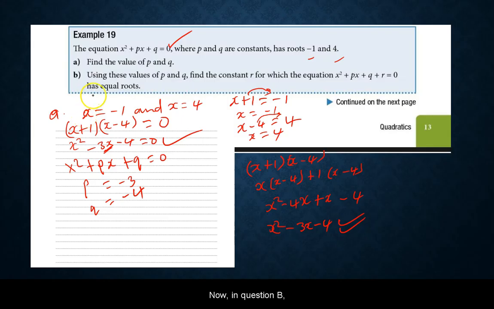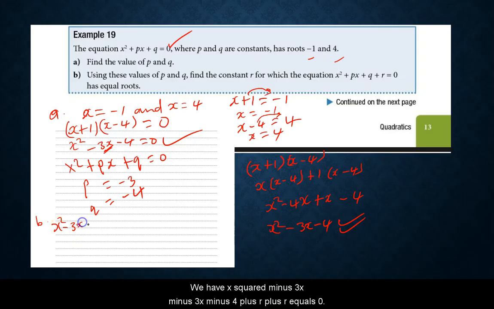Now in question B, using these values of p and q, find a constant r for which the equation x squared plus px plus q plus r equals 0 has no real root. So we have x squared minus 3x minus 4 plus r equals 0.